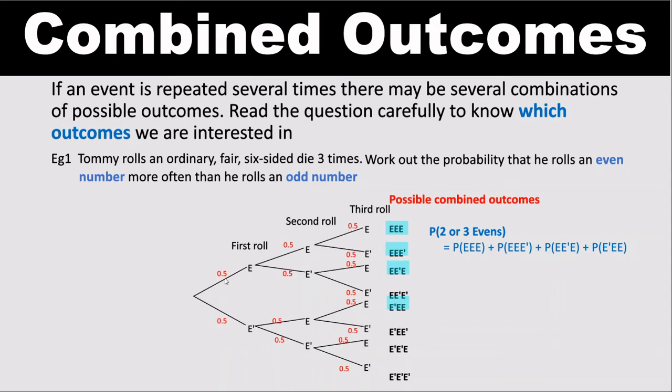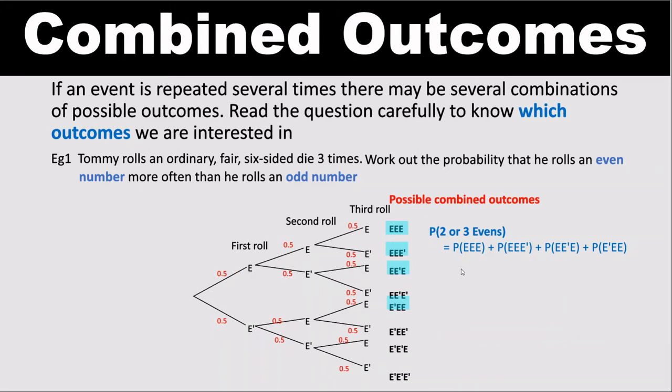Now, just in this case, the probability of me rolling an even, then an even, then an odd will also be 0.5 times 0.5 times 0.5. I simply multiply together the probabilities on each of the branches that lead me to that combined outcome. And in this one case, all of these combined outcomes have a probability of 0.5 times 0.5 times 0.5.